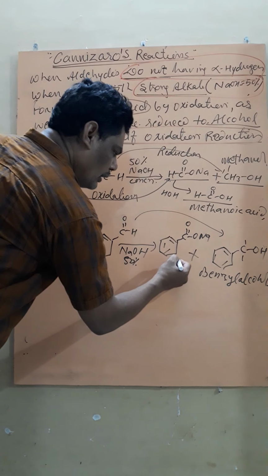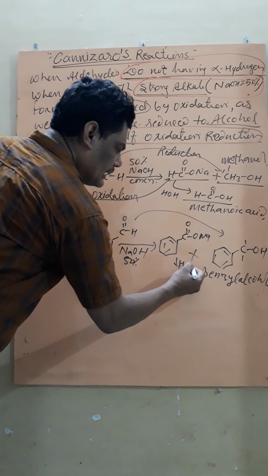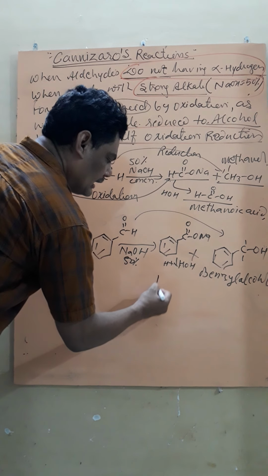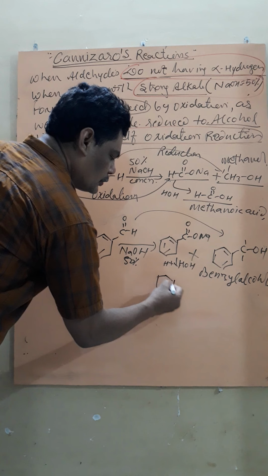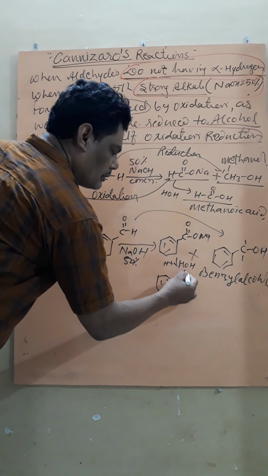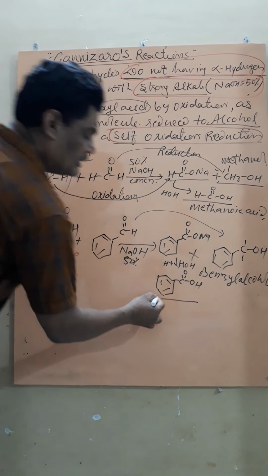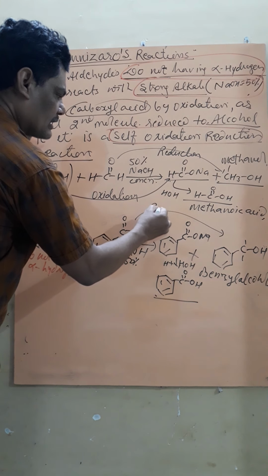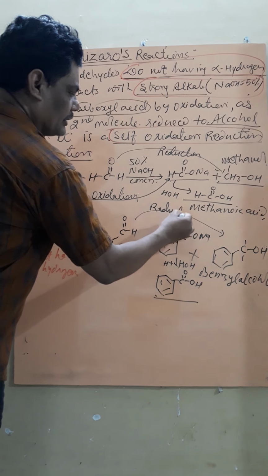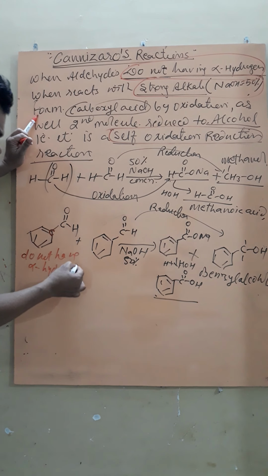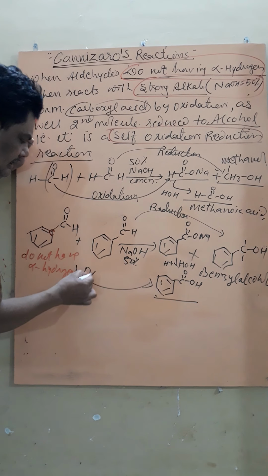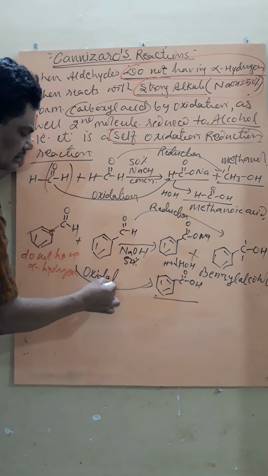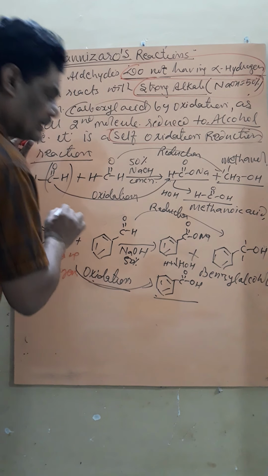And the other molecule, when hydrolyzed in presence of acid, ultimately converts into benzoic acid, C double bond O and OH. Are you getting it? So this is due to reduction, and this one is due to oxidation. So again here self oxidation and reduction reaction takes place.